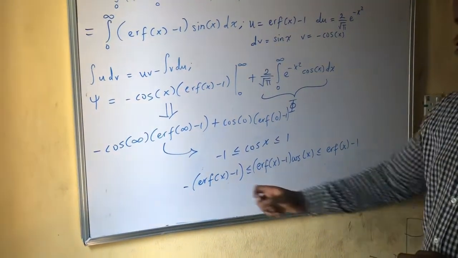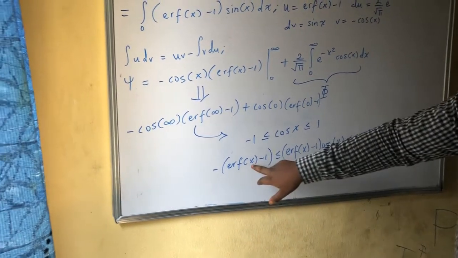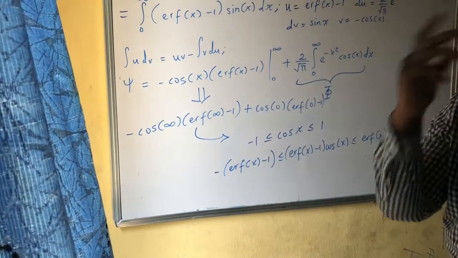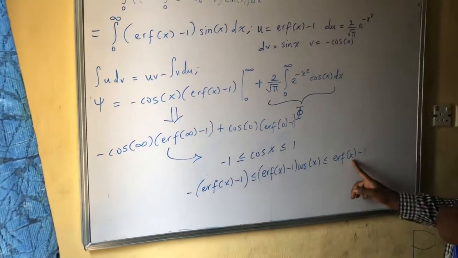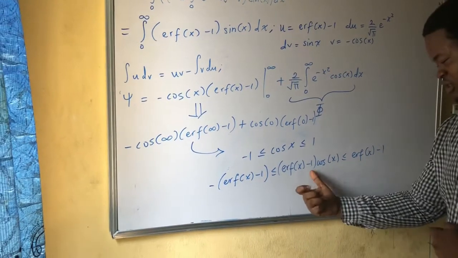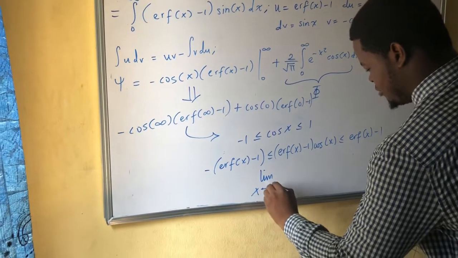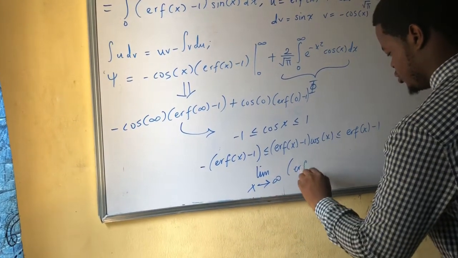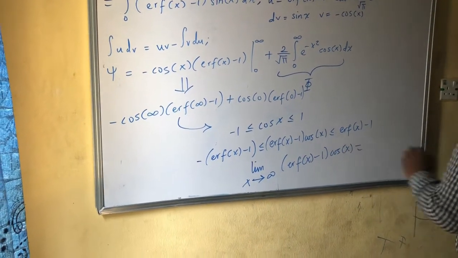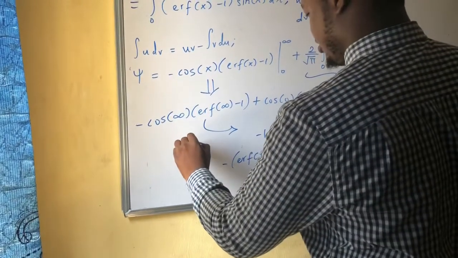Are we together? So now, if I take the limit as x approaches infinity here, we all know the error function evaluated at infinity is 1. 1 minus 1 is what? 0. The error function evaluated at infinity is 1. 1 minus 1 is 0. Since the limits are zeros, therefore the limit as x approaches infinity of this is surely going to be equal to 0. Therefore this part of this integral is simply 0.